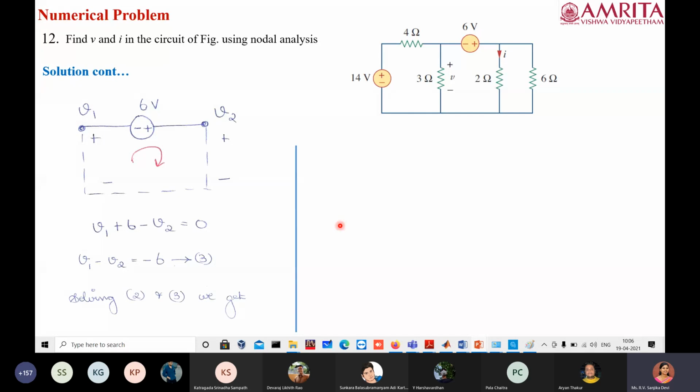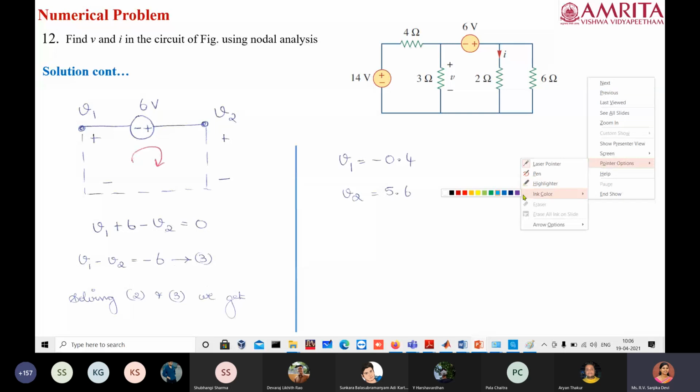V1 is minus 0.4. Good. V2 is 5.6 volts. Good. So now we can write what is V and I. So the nodal voltages are V1 and V2.